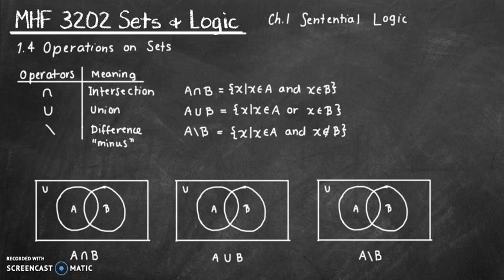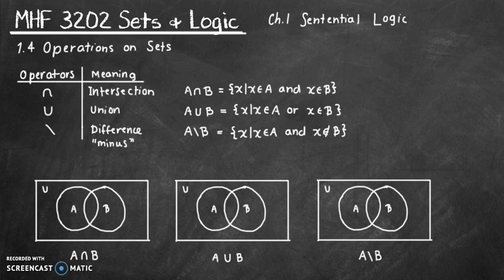A intersect B means the set X such that X is in A and X is in B. A union B is the set X such that X is in A or X is in B. And A minus B is the set X such that X is in A and X is not in B.